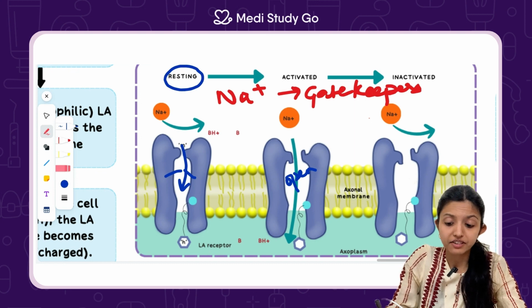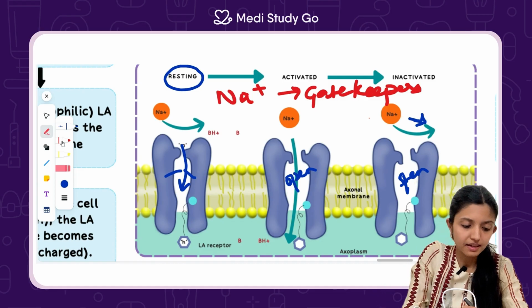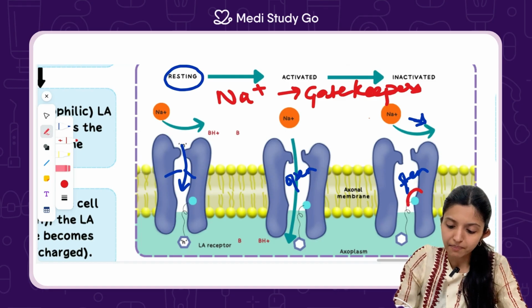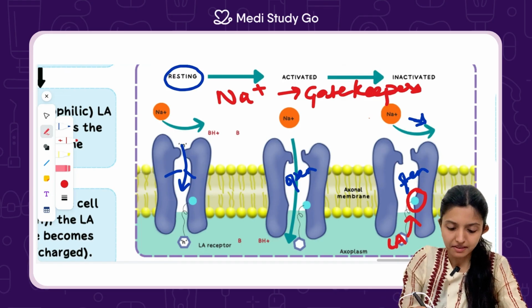However, in an inactivated state, you can see that although the channels are open, still the sodium is not passing through. This is happening because, as you can see here, we have a receptor, wherein the local anesthetic molecule is coming and binding. What exactly happens is, your local anesthetic molecule is in an unionized state outside.